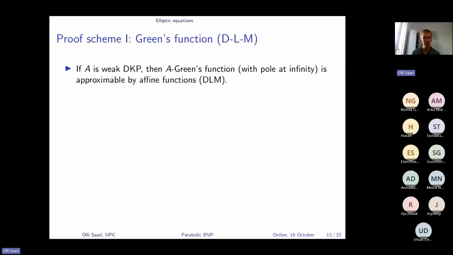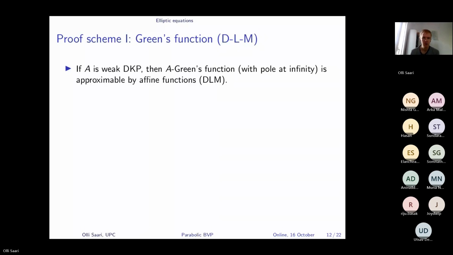And the idea, and this is the one sentence that people not working on the technical side of this theory should somehow internalize, is that when we have a matrix which satisfies the weak DKP condition, this mu measure being a Carleson measure, then the corresponding Green's function, which is the solution with right-hand side Dirac mass and boundary value 0, and the Green's function with pole at infinity is, of course, the limiting object constructed by sending the pole point to infinity and normalizing so that we get a non-trivial limit.